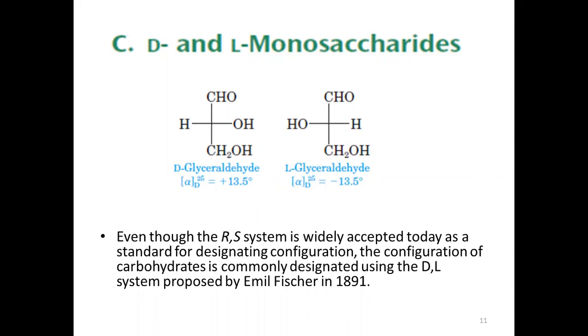Even though you learned in organic chemistry the configuration of chiral carbons, chiral compounds, now we have the R and S system. By convention, we write R if the priorities are clockwise, and we write S if the priorities are counterclockwise. That is the Cahn-Ingold-Prelog system you've learned in organic chemistry on how to designate the R and S system for chiral compounds.